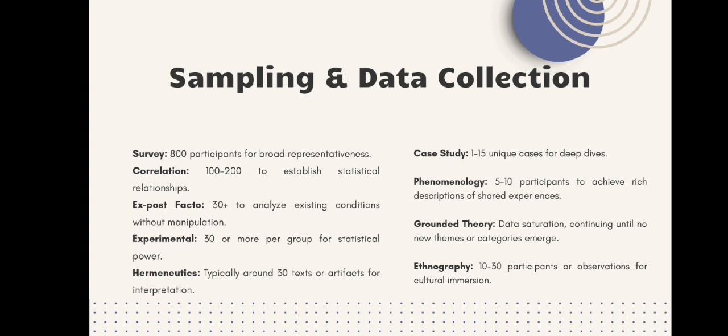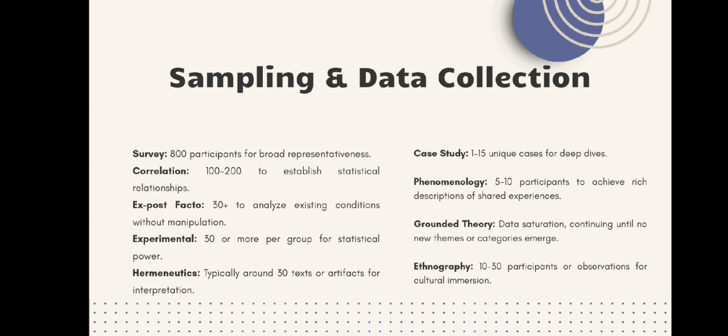So these slides summarize common sampling requirements and data targets for different types of quantitative and qualitative research studies. Quantitative sampling focuses on achieving broad representativeness and establishing statistical power.